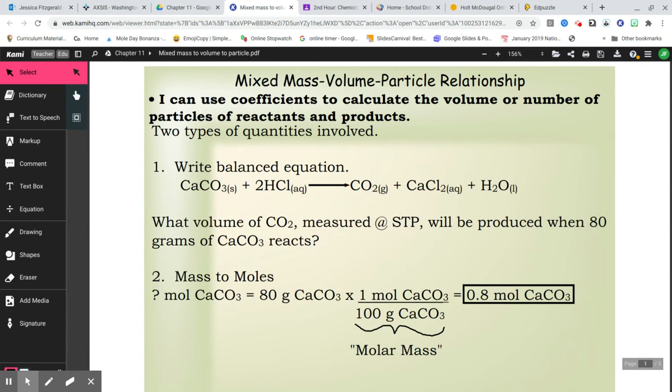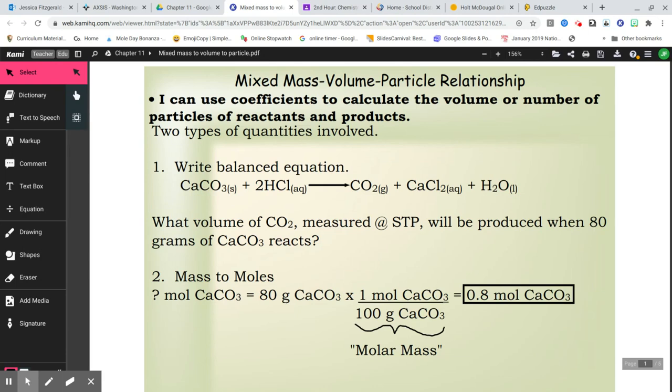Anyway, let's go on and get started with this video. Today we're going to be working with mixed problems, is what I call them, where we're going to be going all over the place on the double mole diagram. So make sure you have your double mole diagram out, and you also have your periodic table out and a calculator.